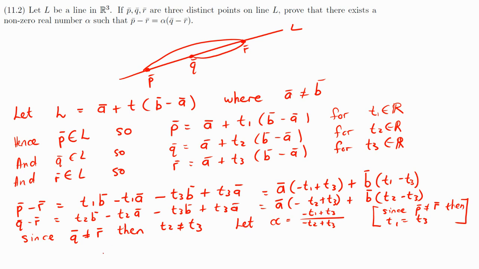And now P minus R is equal to this alpha part times Q minus R. Okay, so how can we say this?